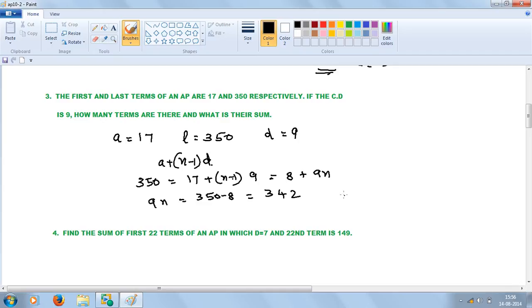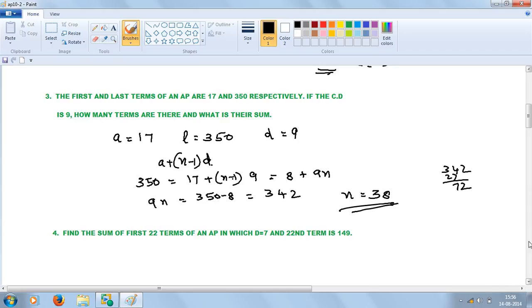If we divide both sides, we get n is equal to, 3 9s are 27, 8 9s are 72, 38 is the answer. n is equal to 38. You can just divide and check.